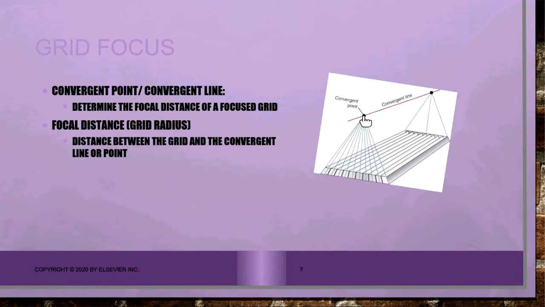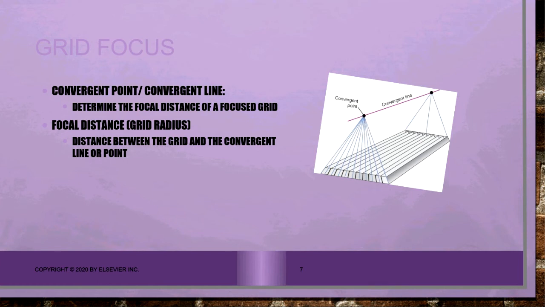If you did that from both ends of the grid, you would have two points, one at one end of the grid, one at the other. If you connected those two points, you would end up with the convergent line.